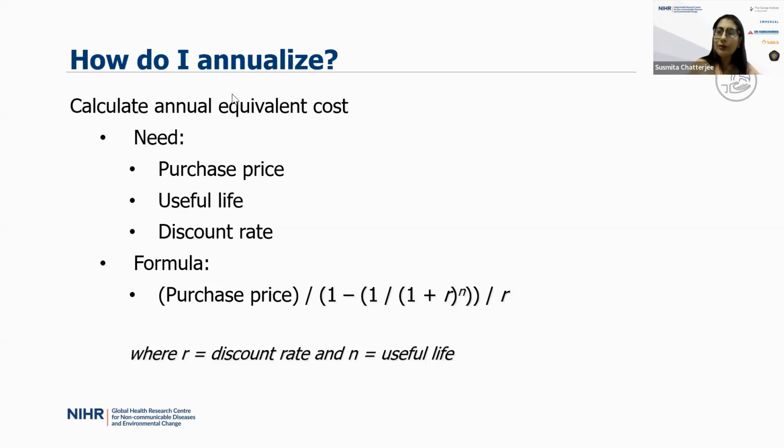This is a commonly used discount rate, but in some of our studies, we use different rates, like the Reserve Bank of India's rate. It's up to you what you want to do. If you use a 3% discount rate as the literature says, go ahead with that. But it is always better to do a sensitivity analysis, because this discount rate matters a lot.